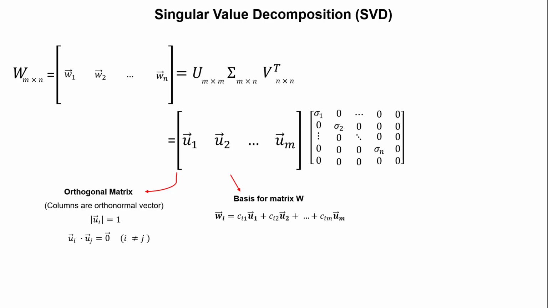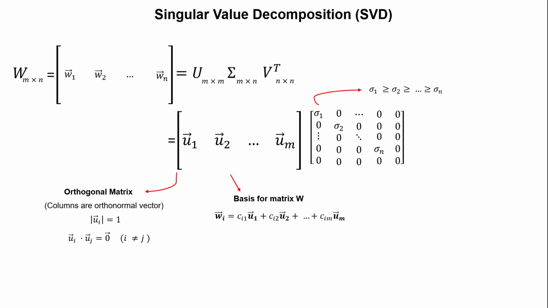The next matrix is sigma. It is a diagonal matrix, and the diagonal entries are called singular values. I'm not going to explain what singular values are in general, because I would have to talk about eigenvalues, and then it makes this video more related to linear algebra than Fast R-CNN. But all you need to know here is that they are also hierarchically ordered.